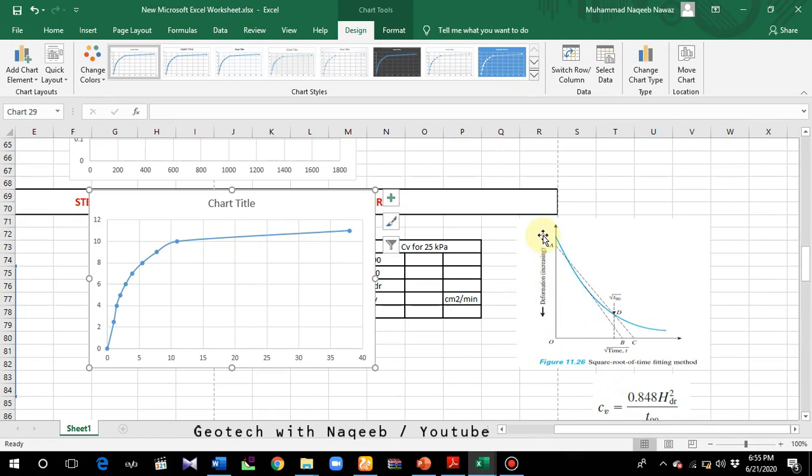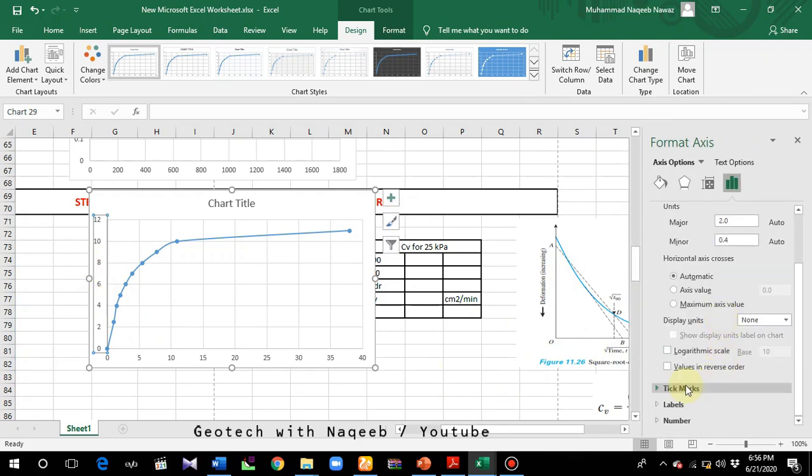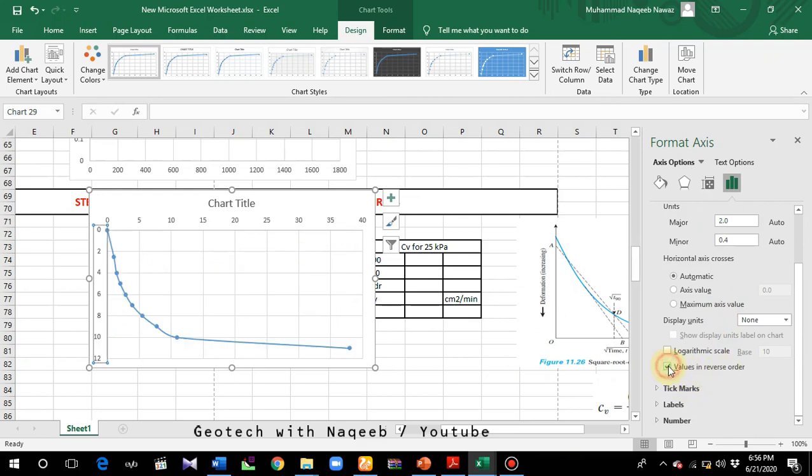Firstly, dial reading should increase from upward to downward, like here is 0, 1, 2, 3. It should increase in a downward manner, as you can see from the downward arrow. So I will select this axis, double click, and select the values in reverse mode. So here we have obtained the values in reverse mode.